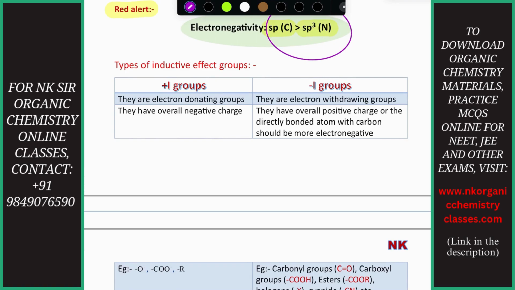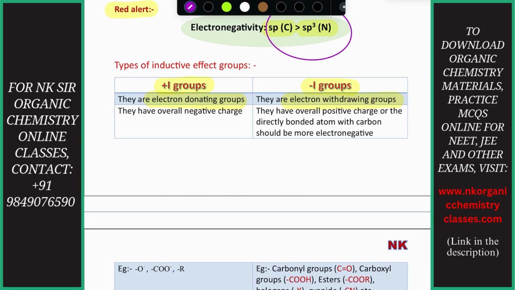Now let us come back to the inductive effect groups. Now guys, see clearly, there are two types of inductive effect. What are the two? Plus I groups and minus I groups. Plus I means electron donating groups, whereas minus I means electron withdrawing groups. For example, let us think one atom is there.